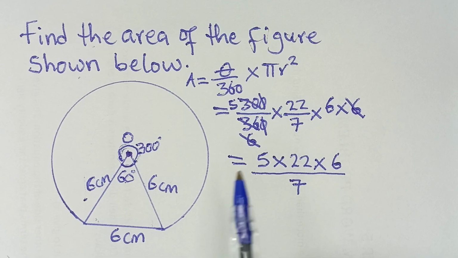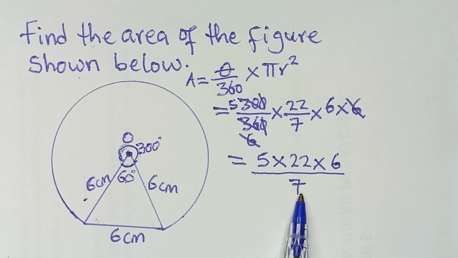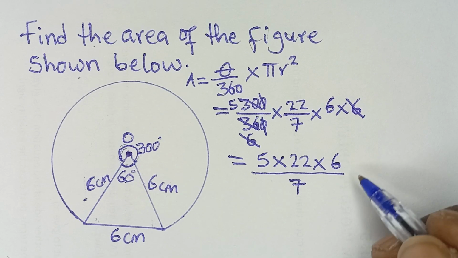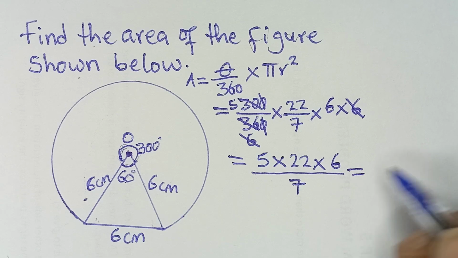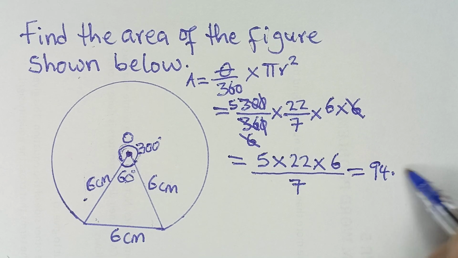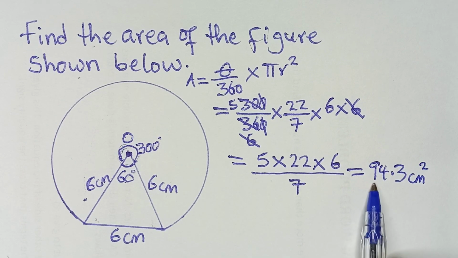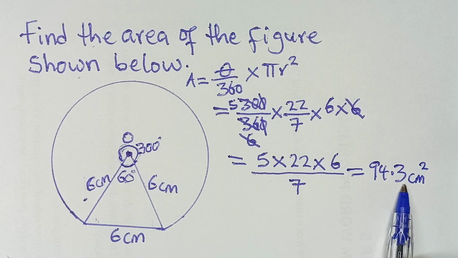So when we punch these values into our calculator and divide by 7, it gives the area of the sector, which is equal to 94.3 centimeters squared. So this is the area of the sector.